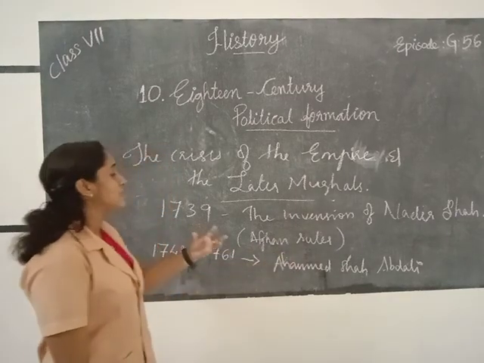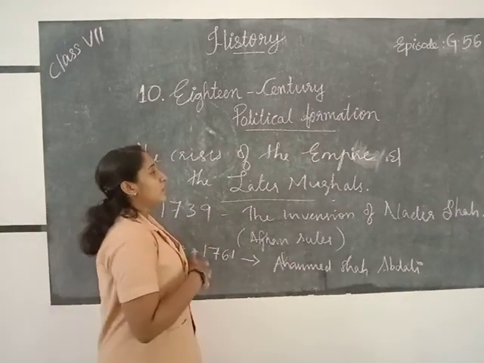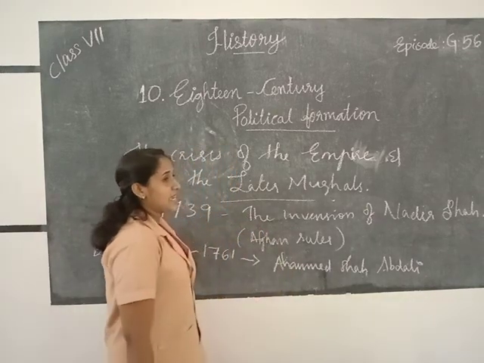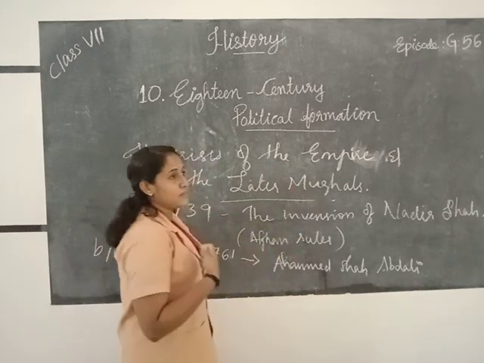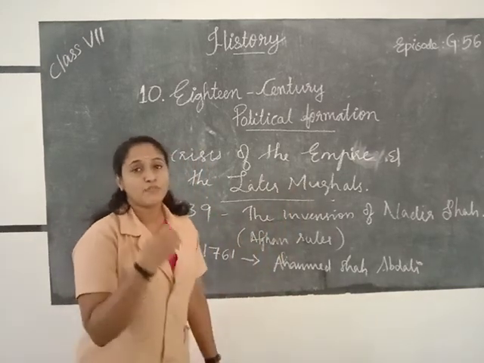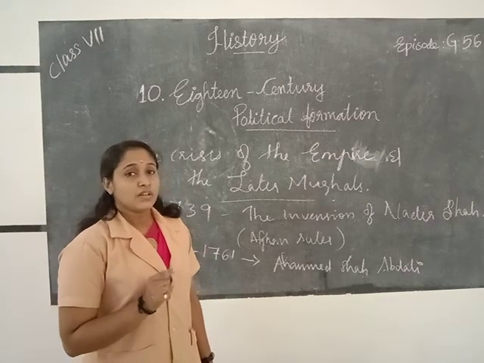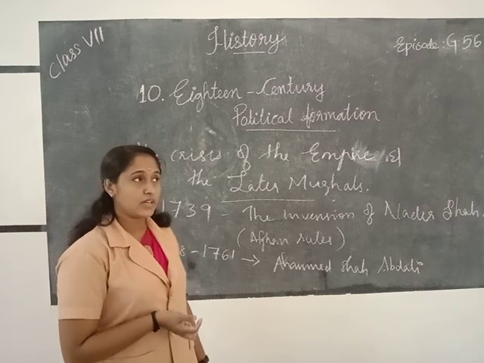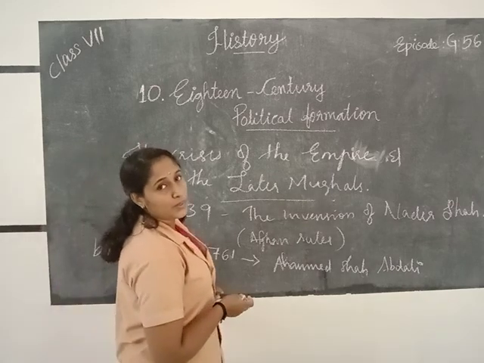These kinds of invasions also badly affected the Mughal empire. Because of these invasions or battles, the Mughals became weak. The Mughals were falling down after this because of the poor military, because they lost their power. The military system collapsed after the death of Aurangzeb.